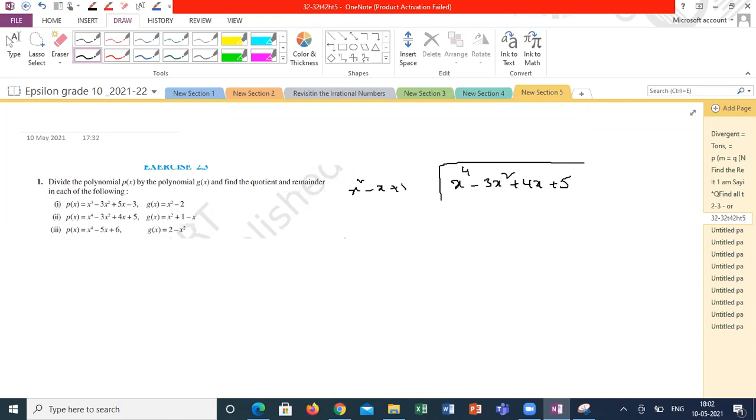Please solve and let me know what the quotient and remainder are. Yes, anyone got the answer?